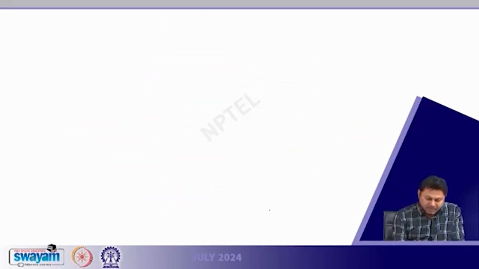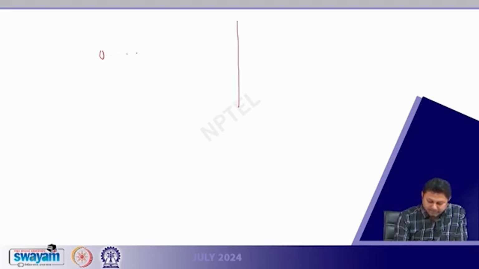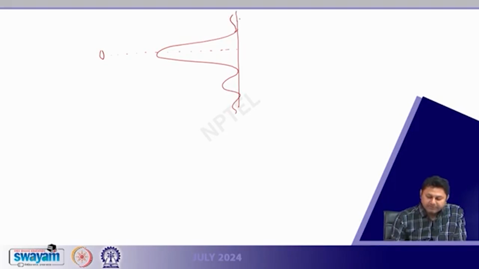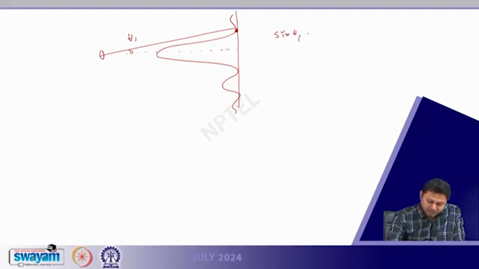I have this circular aperture, and for that I am having this spectra, which looks very close to the spectra we have for a single slit, and this theta 1 is the angle for which I am getting the minima.